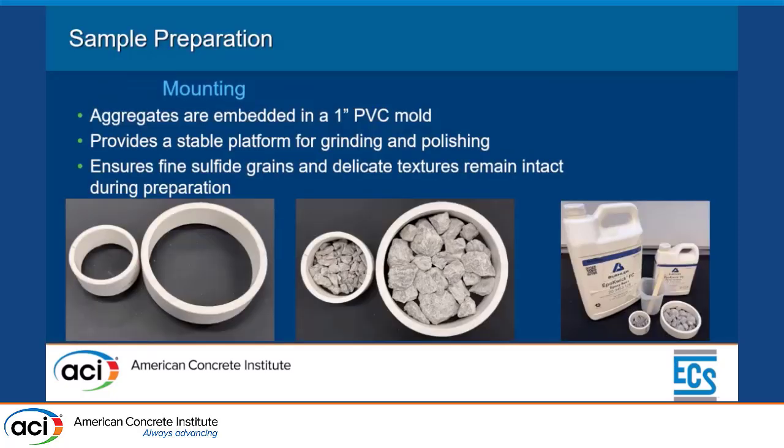So what we did was we used PVC pipe that you get at the Home Depot or Lowe's or wherever. For the coarse aggregate, we're using 4-inch diameter pipe, and for the sand, we would typically use a 2-inch diameter pipe, and you're going to get a lot of grains in that cross section.